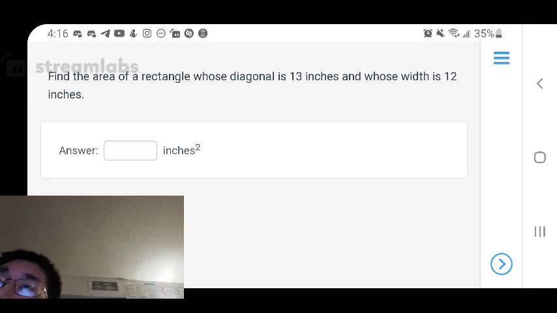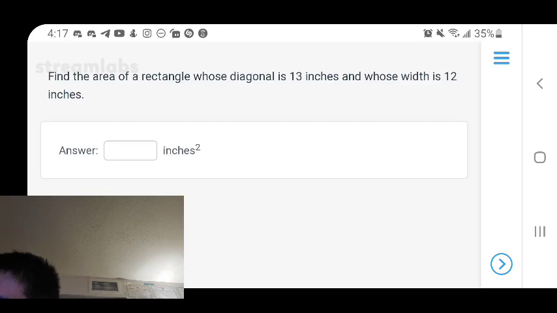And the area of a rectangle. So area is base times height. I like to draw pictures. Diagonal is 13. Okay, so it's these Pythagorean theorems. Whose width is 12? I know it's 5. I just memorized it, 5, 12, 13 in my head.